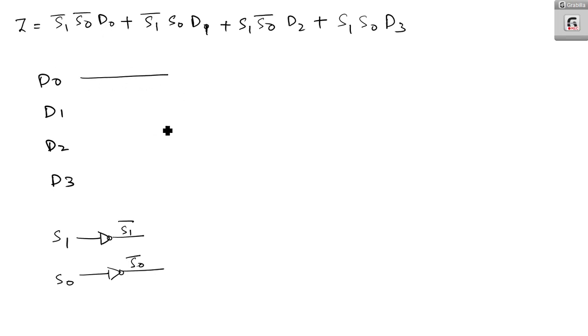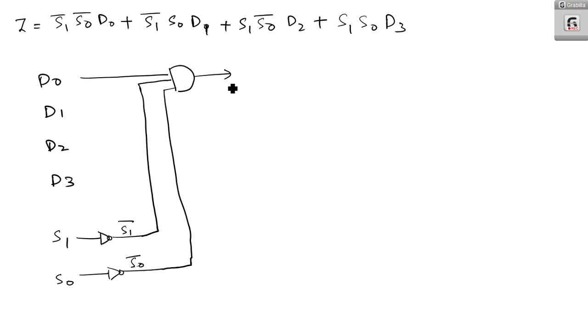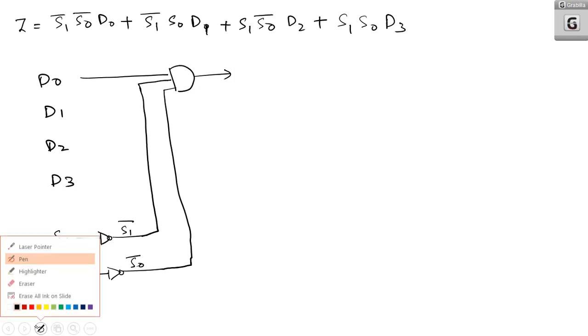So we are having an AND gate here with S1 bar, S0 bar, and D0. Here you will get the first input.